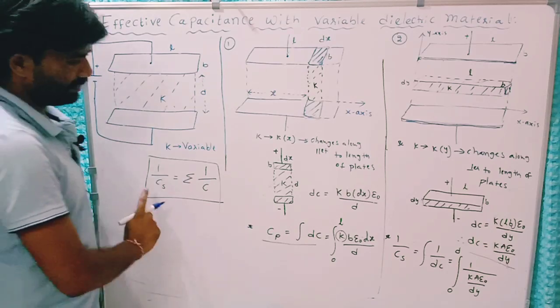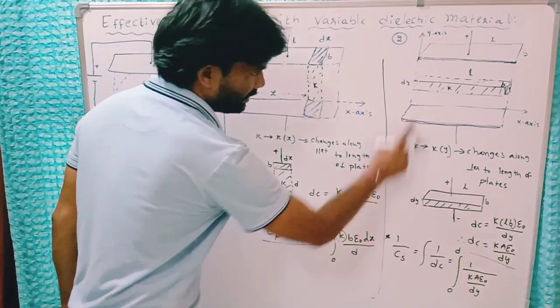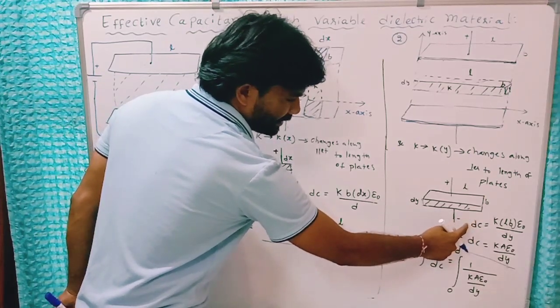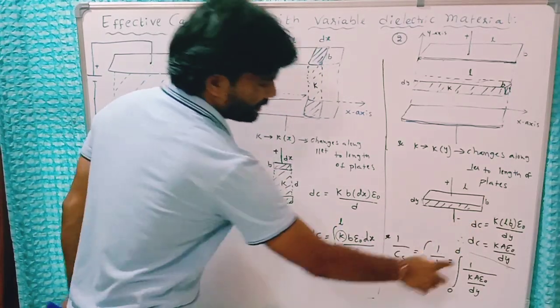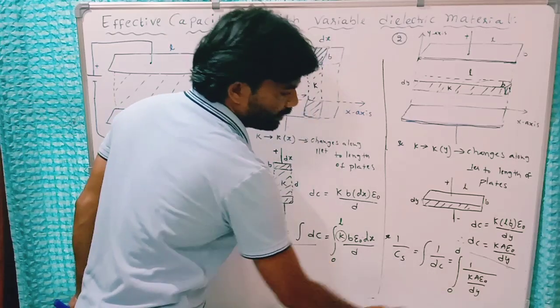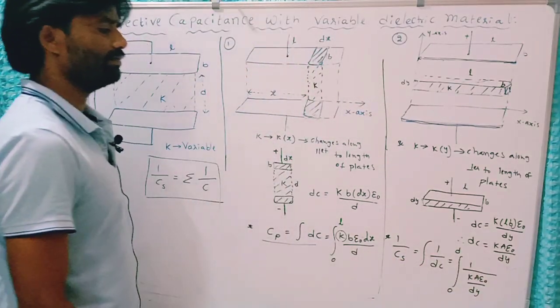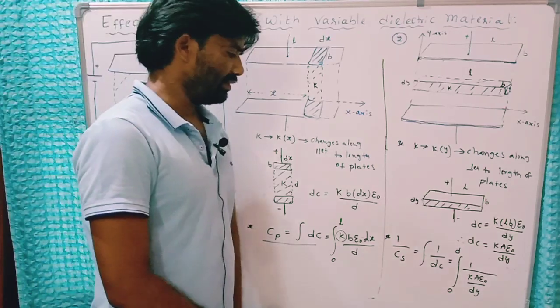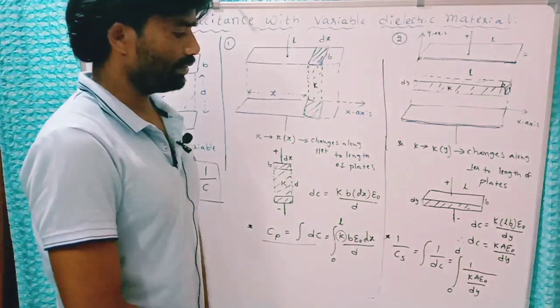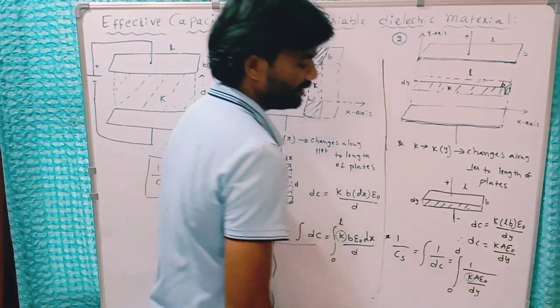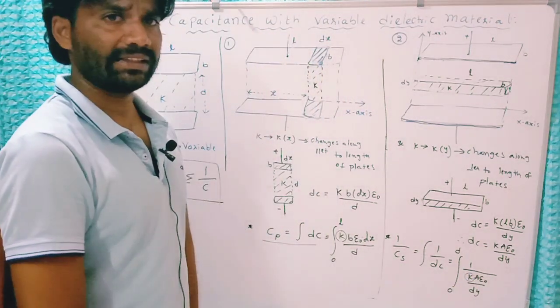Similar to this, I have written that the reciprocal of the effective capacitance is equal to the integration of the reciprocal of the capacitance of this elementary capacitor. Just substitute this here, and you will have this equation. This equation can give the final effective capacitance. Here they will provide one equation for how K changes along the y-axis.